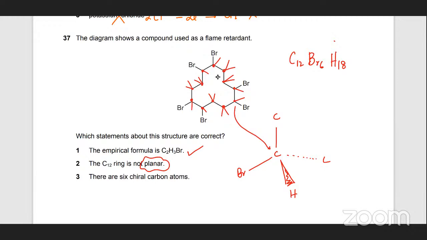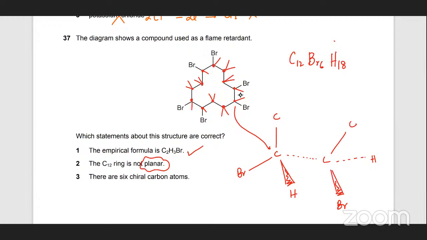So the bonds are either going into the page or they're along the page. Then this carbon atom would be tetrahedral as well. So it's going to have bonds in a tetrahedral arrangement. So the next carbon atom also has one Br, one H, and this one would be another carbon chain. So all of them are tetrahedral, so they're obviously not in the same plane.